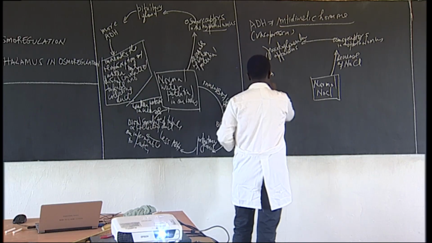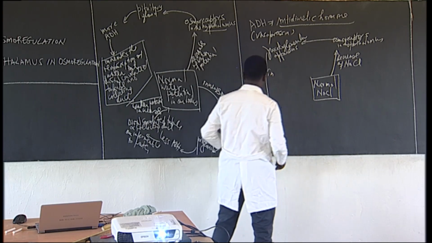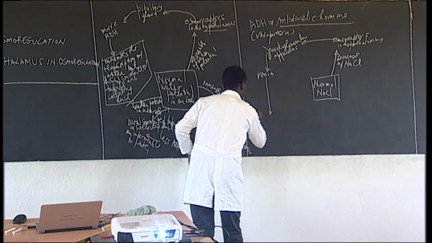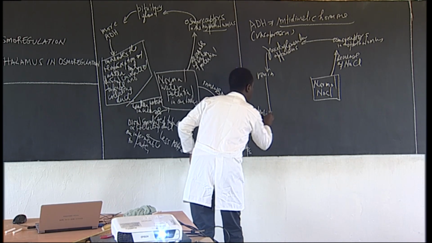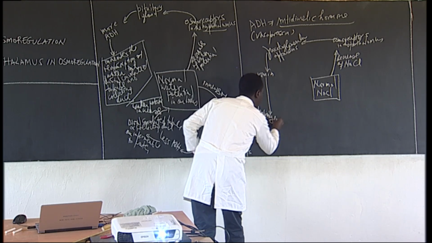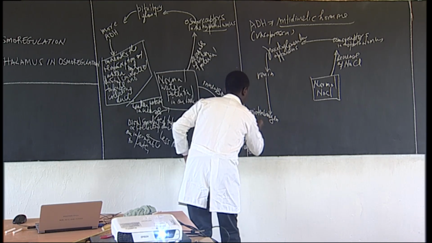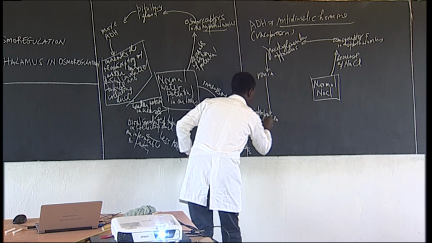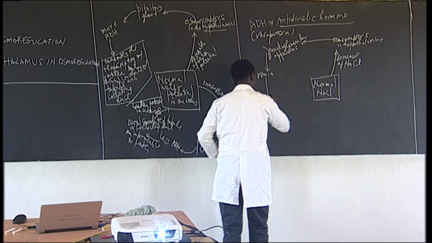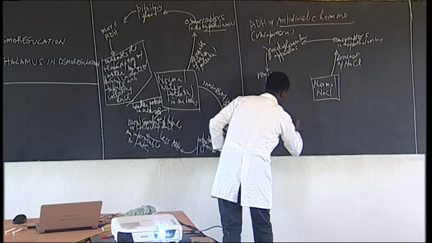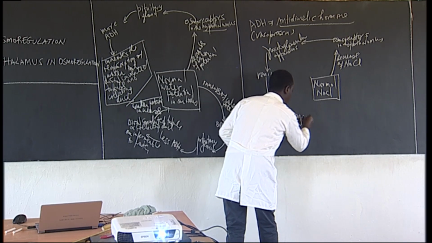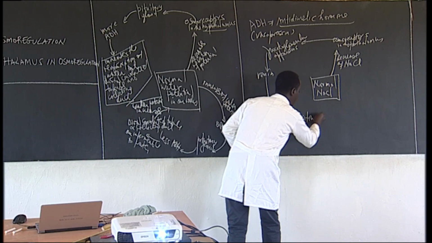The role of this renin is to activate angiotensinogen. This comes from the liver, and it is inactive. It is going to be activated by this renin, and then become angiotensin. Now this is active.